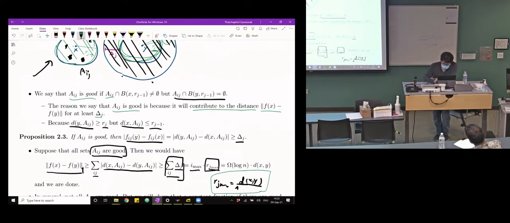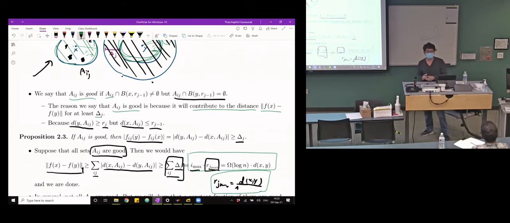I didn't explain this. I mean, this will not be true, but if this is true, then we get this thing. You can actually tell Rj max is greater than or equal to the distance between x and y. It is only with some probability that it will be at least a factor of the distance xy.